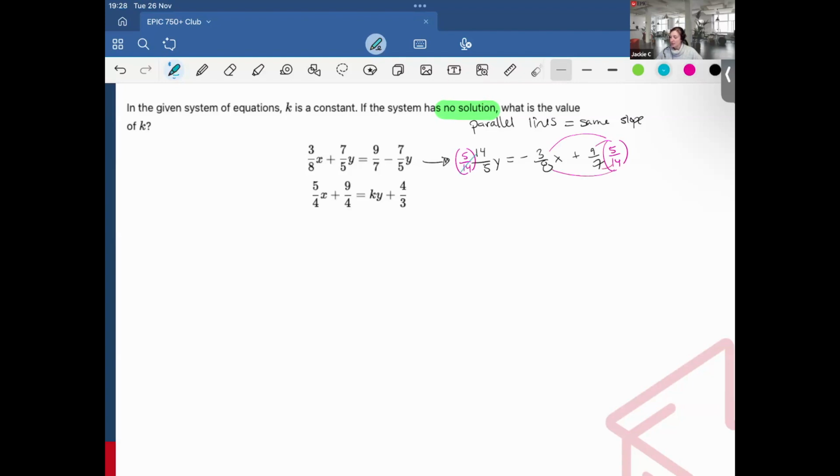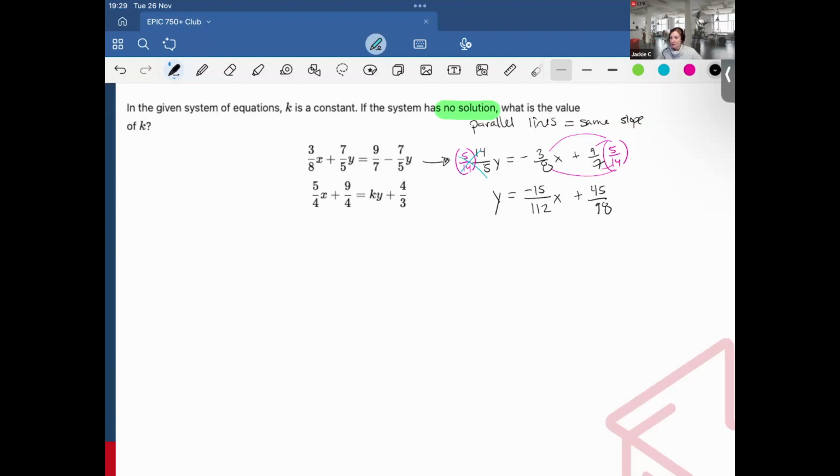This cancels amazingly, and I would have negative 15 over 112x. I don't really care about the y-intercept, but for you, I'll put it on. So 45 over 98. Okay, so I have everything in terms of y.